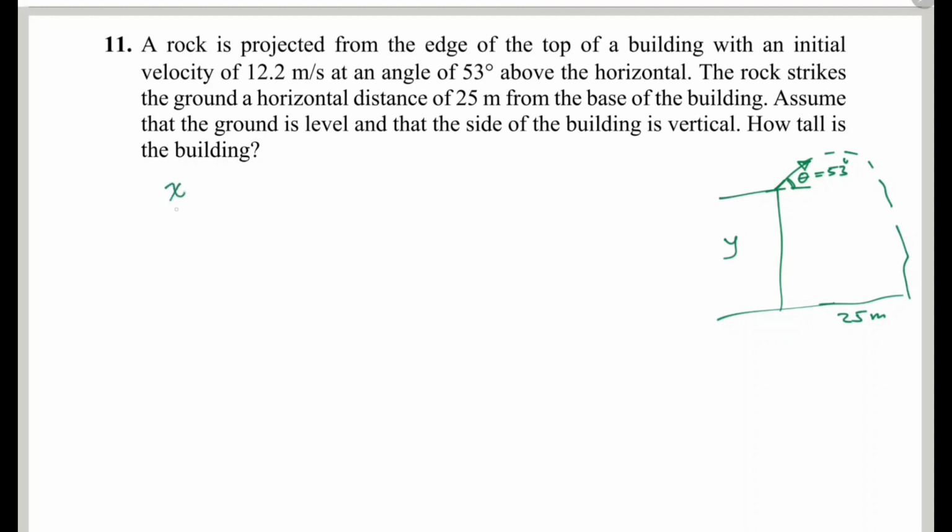So x final equal to x initial plus the initial x t. Now x final is 25 meters equal to x initial, assuming this is the origin here, 0, and v initial x is the x component of this velocity, so 12.2 cosine 53, this one here, times the time t.